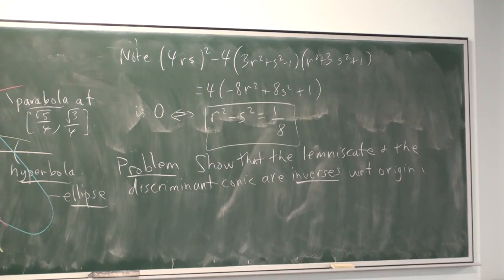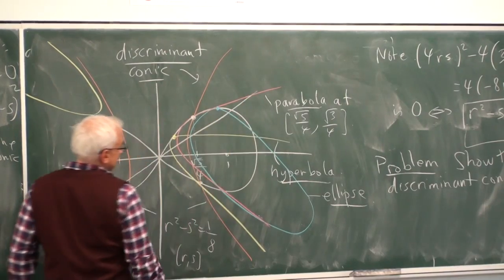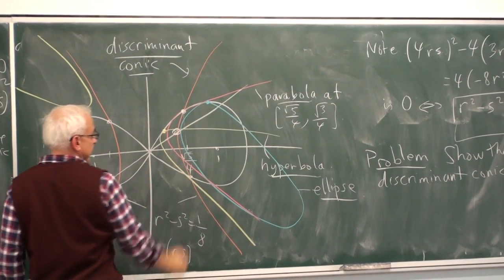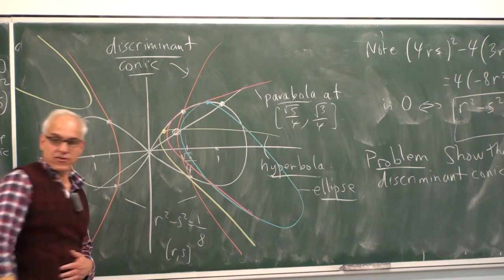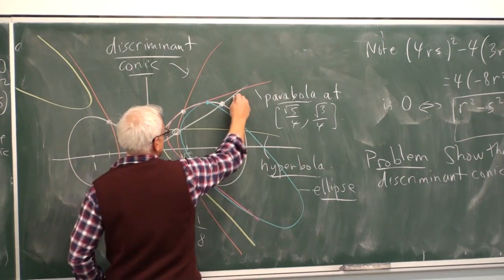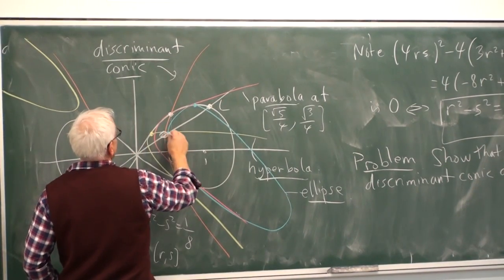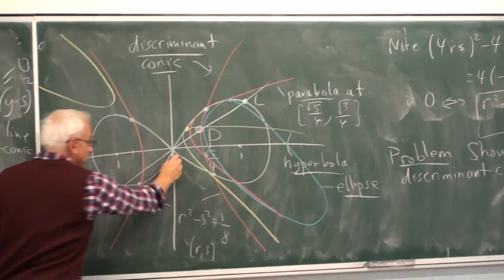It means that if you take a line through the origin and you see where it meets the discriminant conic, and you also see where it meets the lemniscate. Let's say this point is L for lemniscate, this point is D for discriminant conic, and this point is O for the origin.